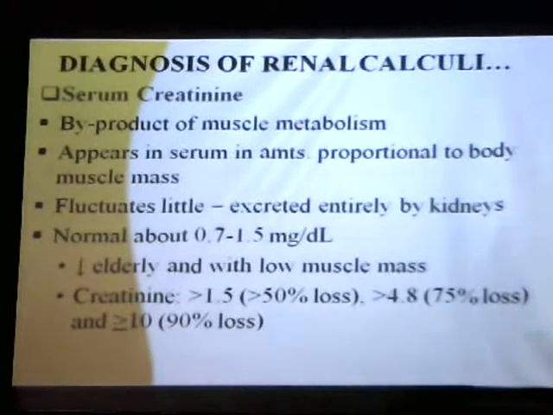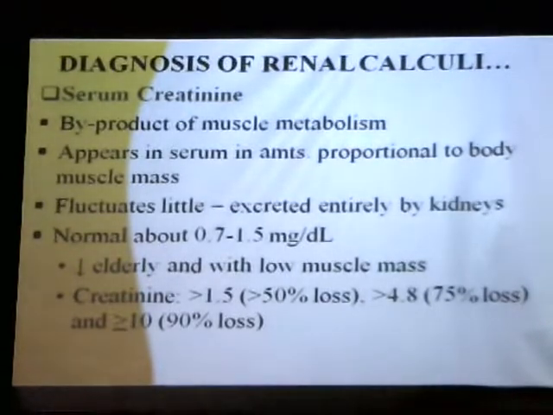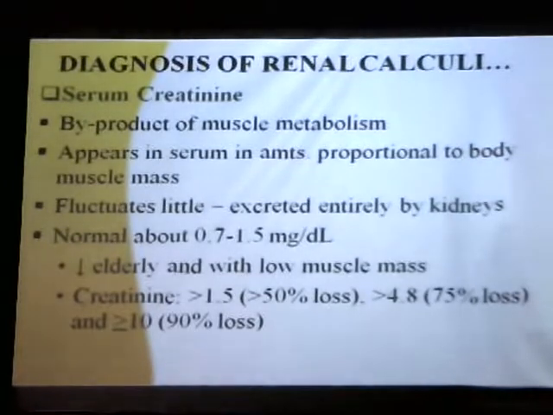The normal value is around 0.7 to 1.5 milligram per deciliter, reduced in the elderly and those with low muscle mass. Creatinine of more than 1.5 means more than 50% loss, 4.8 means 75% loss, and more than 10 leads to 90% loss of renal function.